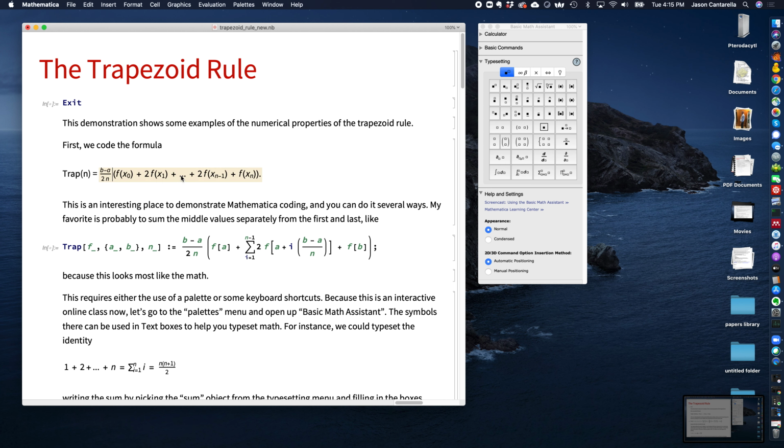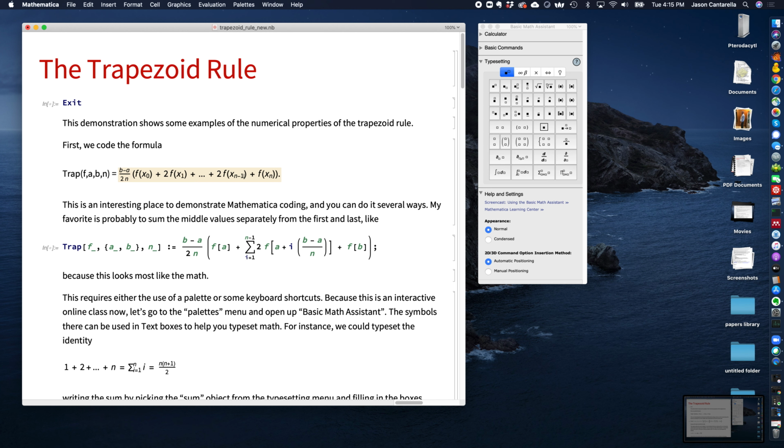So let's recall the formula for the trapezoid rule, for a function f over an interval a to b with n subdivisions. The endpoints of the subdivisions are these x0 through xn.